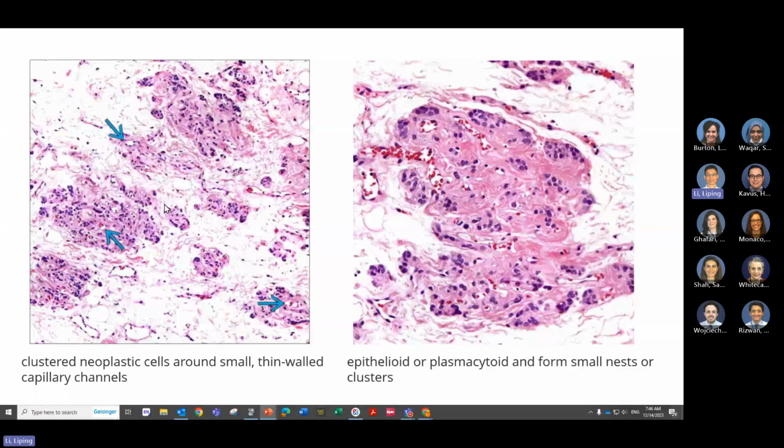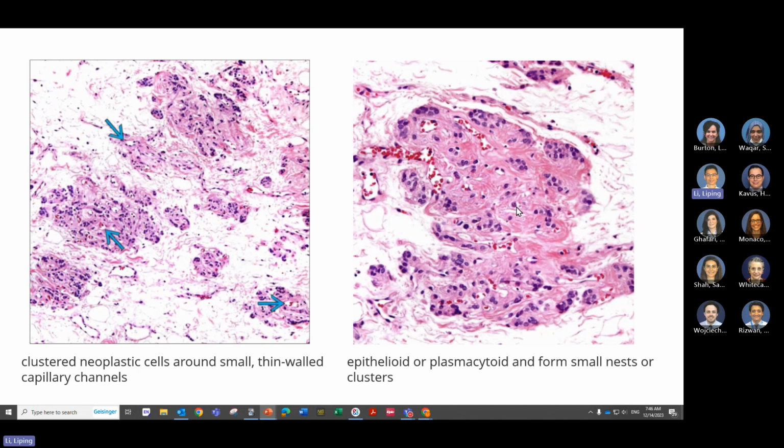Then more classic features, just like in this hypocellular stroma area, we have this small capillary vessel. And then around this vessel, usually the tumor cells grow more plump, spindly looking. They kind of aggregate, forming this kind of lobular look.